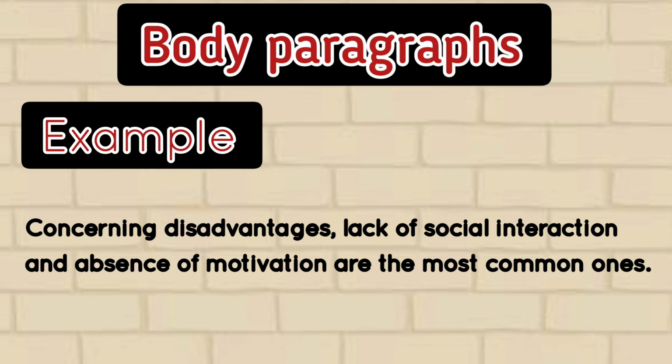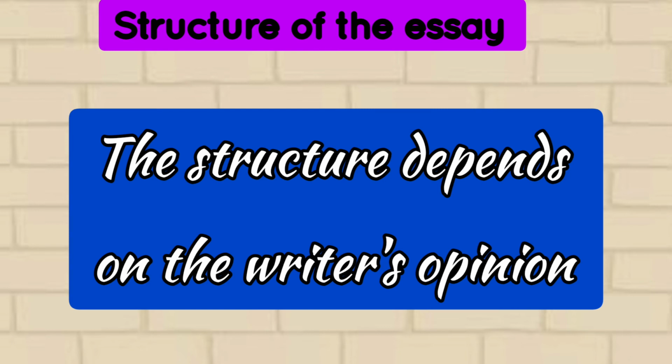As regards structure, I have just said that the structure depends on your opinion. That is to say, what you are going to write in the concluding paragraph as regards your point of view about a topic. If the topic for you has more advantages or disadvantages or all the other way around.